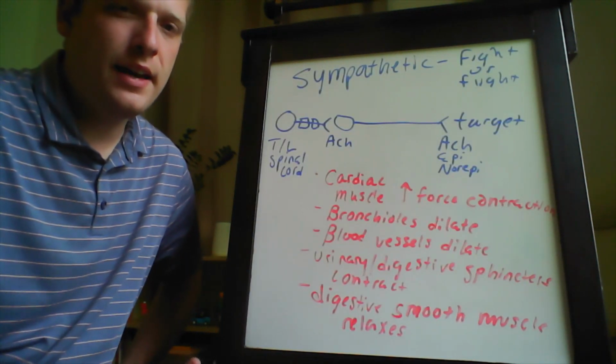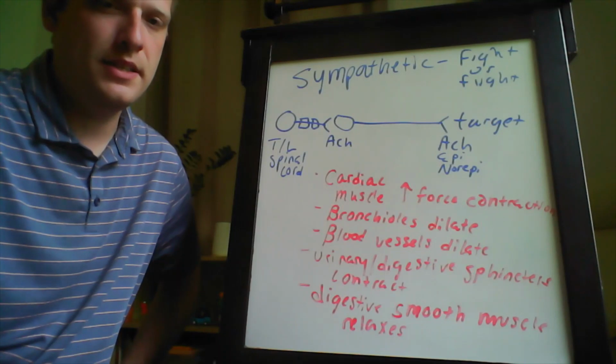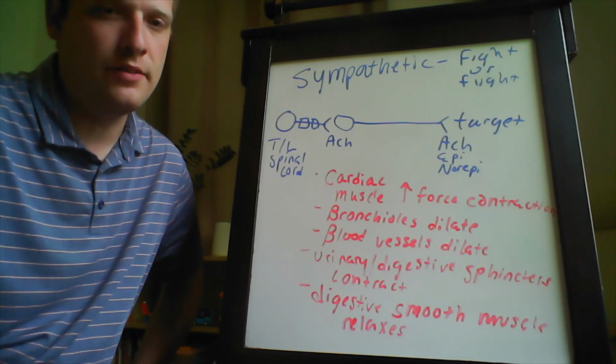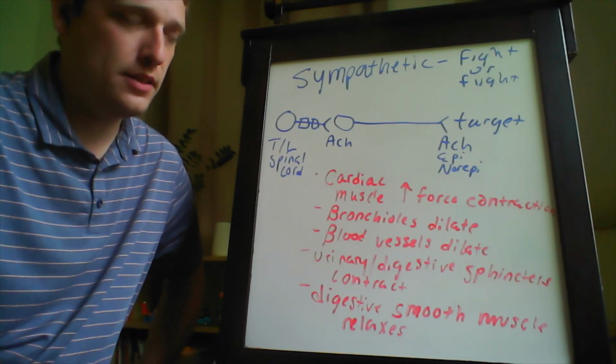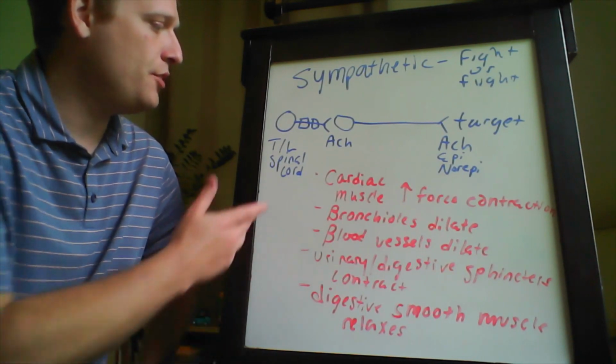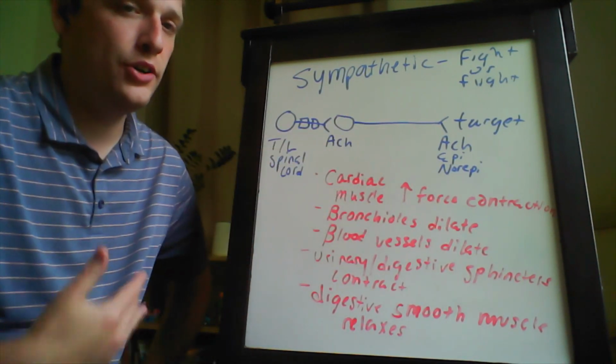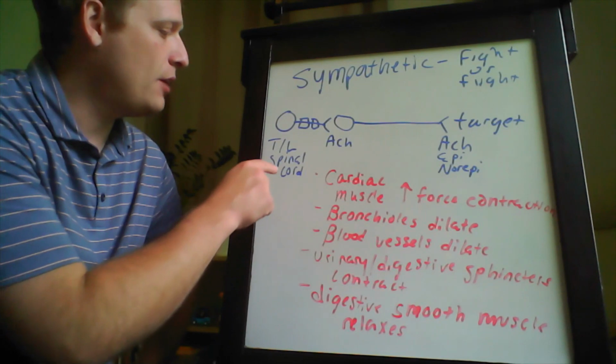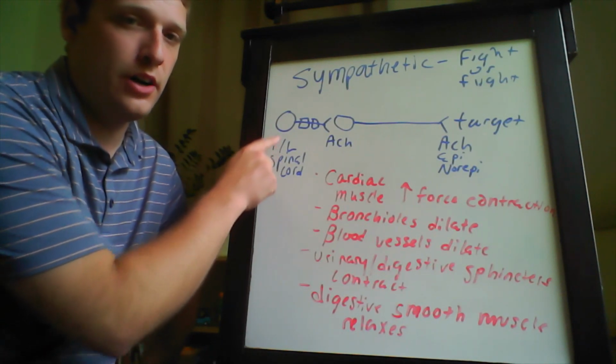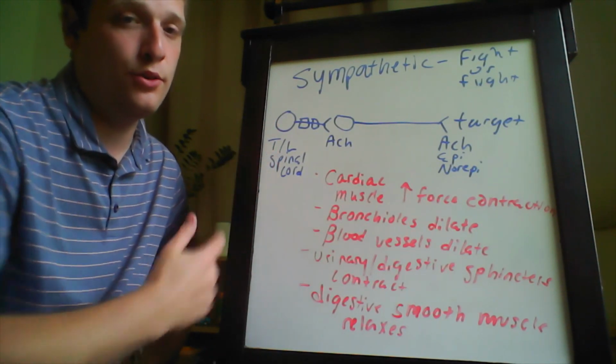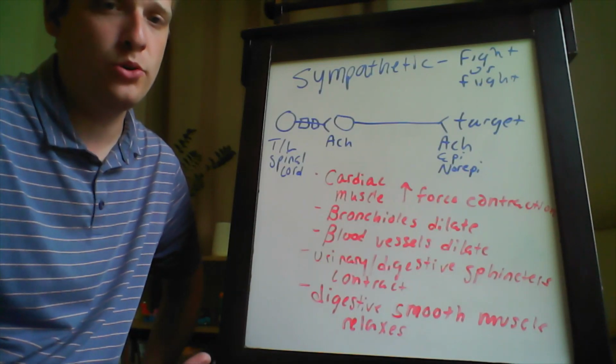So the sympathetic or fight or flight nervous system is there to ensure your survival during a time of stress. If you look at the structure of the neurons that make it up, we have the preganglionic neuron here arising from the thoracolumbar region of the spinal cord.